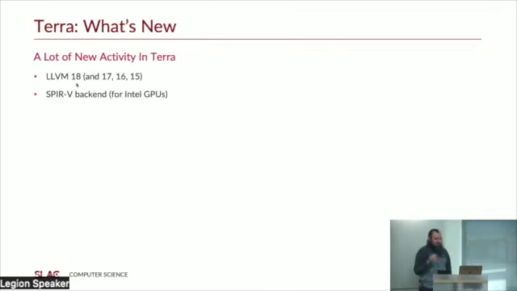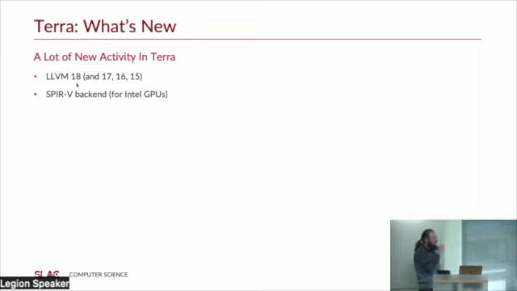Okay, so this is actually the first year I've had a Terra update, because there is actually stuff to talk about. In the last 2 years, we've had 4-ish LLVM updates. So we've done a pretty good job of keeping up to date with LLVM. I haven't gone in and done LLVM 19 yet, but we had the 4 previous versions.